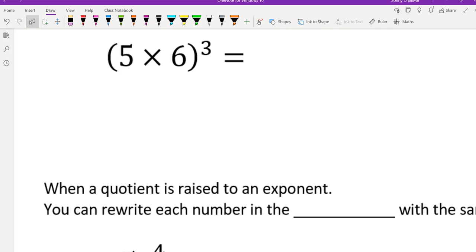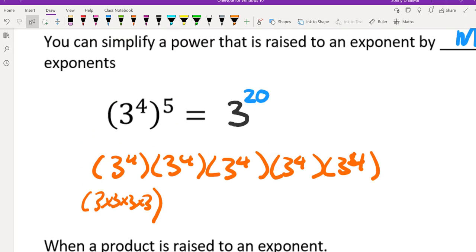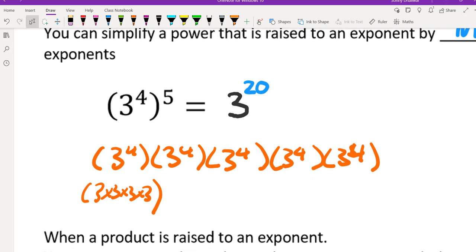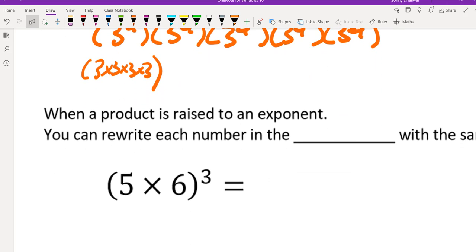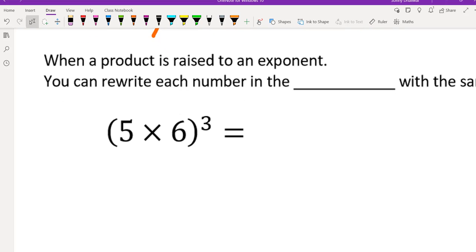What if I give you a question with 2 numbers in the brackets instead of just 1? You know what? It's still the same thing. I will explain it. We want our answer to have the same base, just with new exponents.